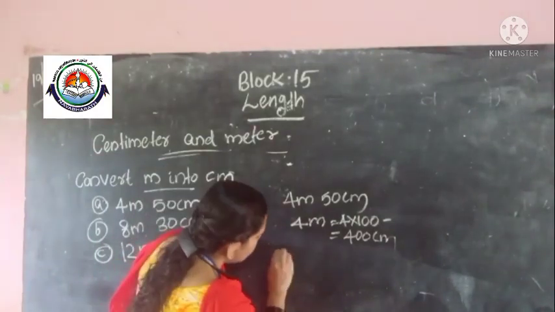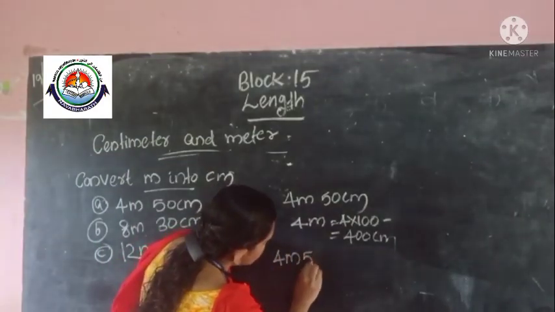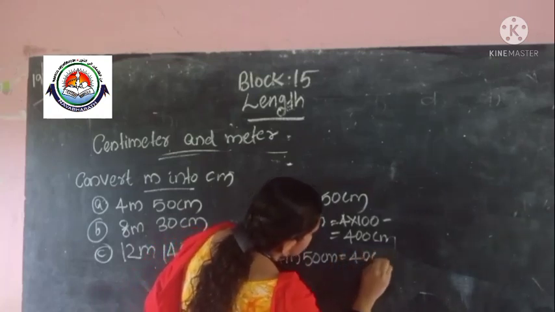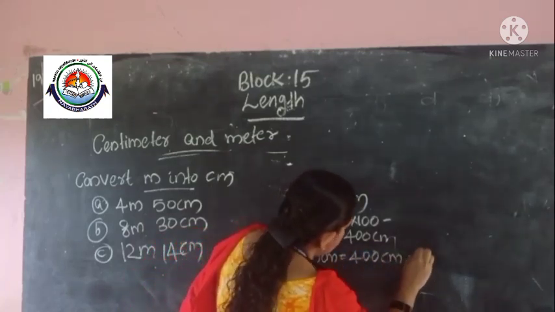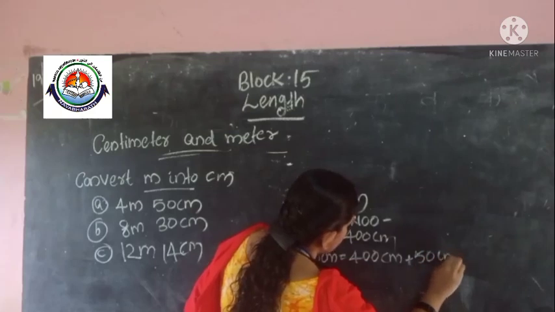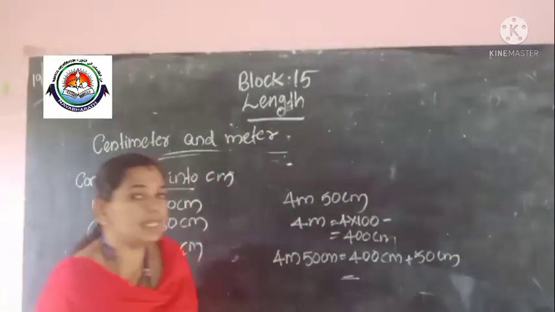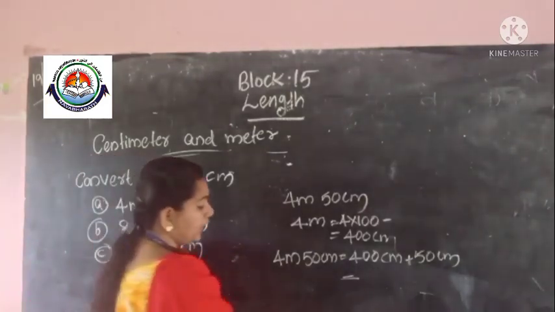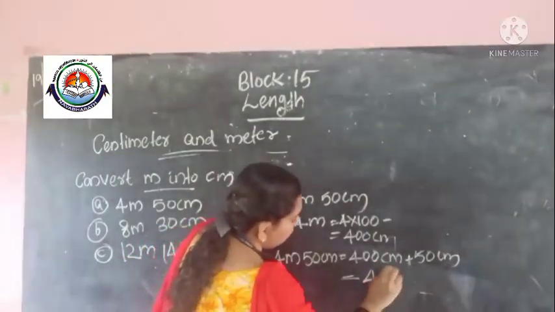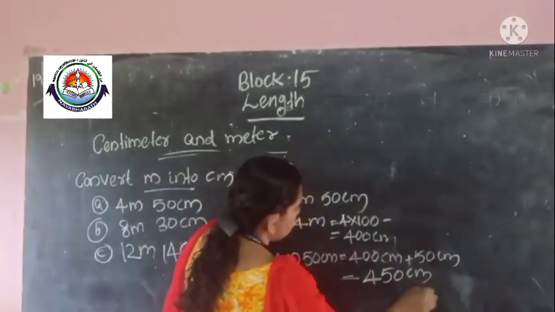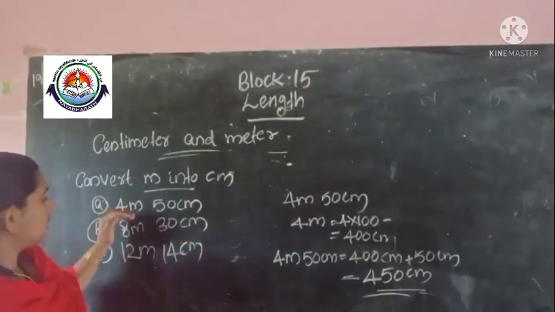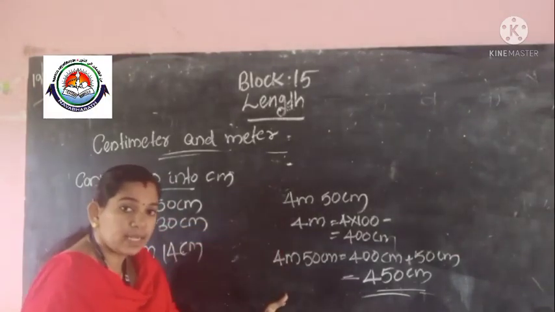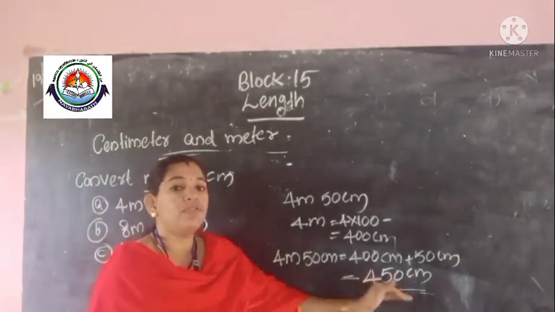So 4 meter and 50 centimeter we can write 400 centimeter plus 50 centimeter. Both are centimeter. 400 plus 50, 450. So 450 centimeter. You want to write these steps. Last you write 450 centimeter.